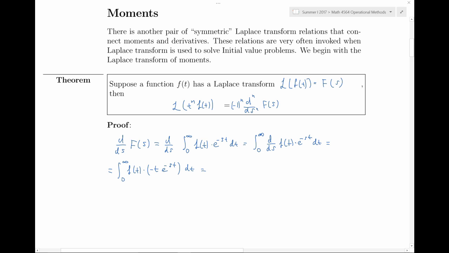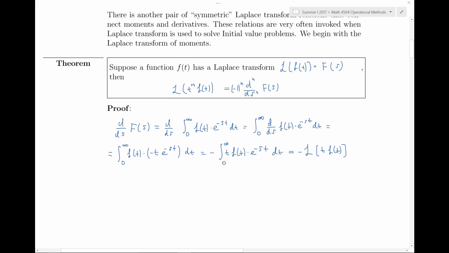So this ends up minus the integral of t f of t times e to the minus st. And that's exactly the Laplace transform of t f of t. So as a result, we can say that the Laplace transform of t f of t is minus the derivative of F of s.